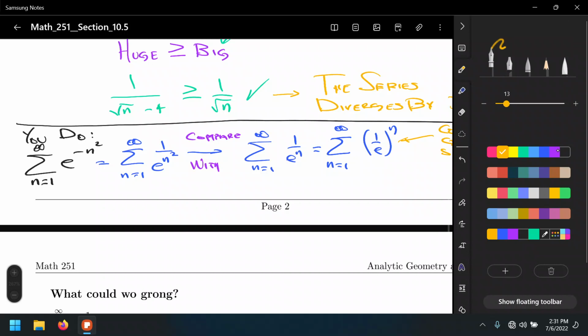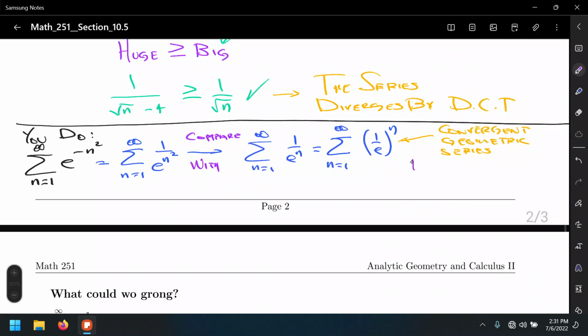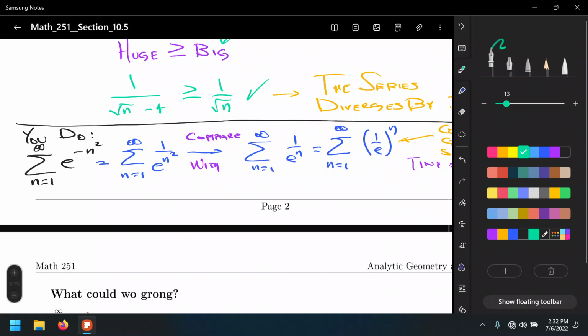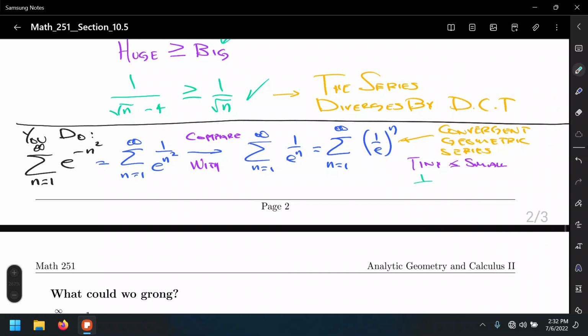In this case, that means we need to show that tiny is less than or equal to small, where the tiny is our problem, 1 over e to the n squared, and the small one is 1 over e to the n. Is that inequality true? It is, because in the denominator of the left-hand side we are raising the exponential to a larger number because of the squared on the exponent.